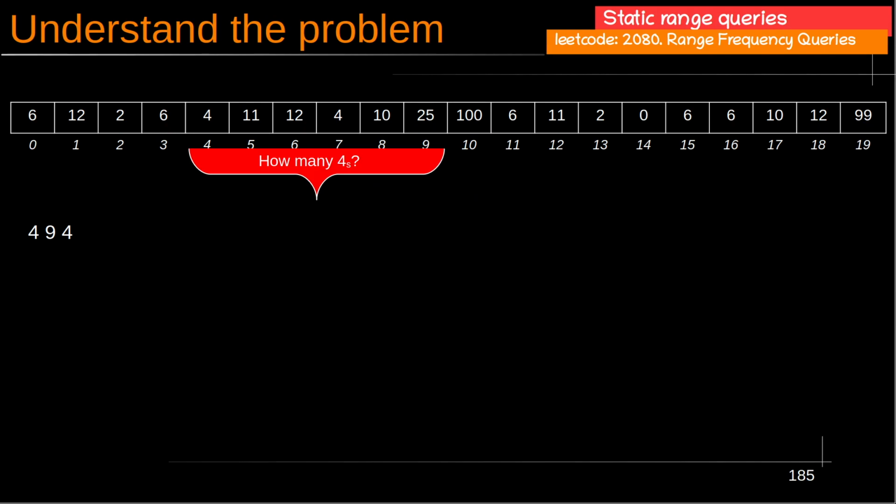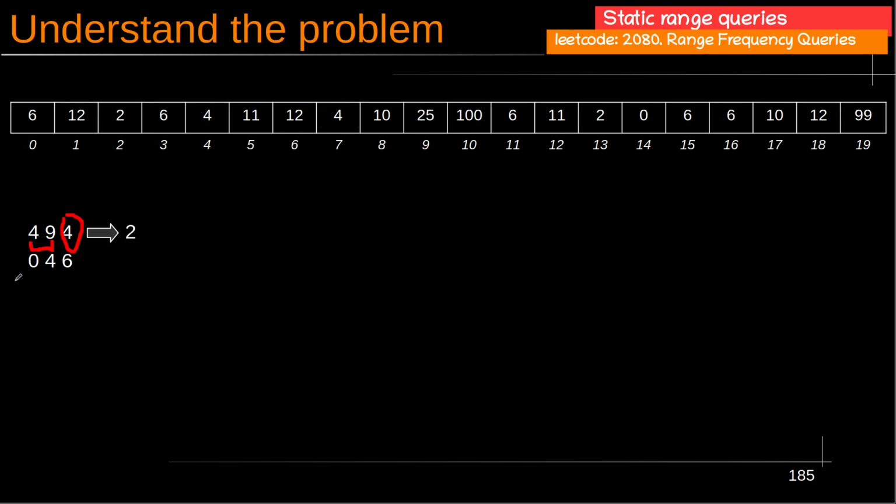Let's understand the problem more. If I have this array and I have a query 4, 9, 4, which means how many 4s from 4 to 9? As you see in the slide here, we have only two 4s.